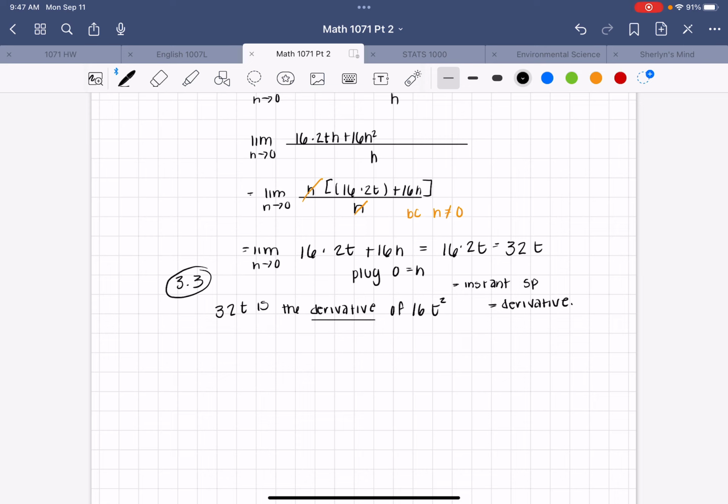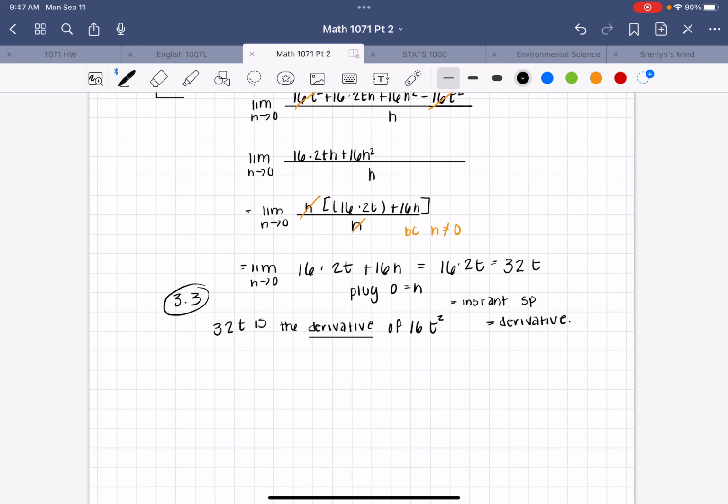I just wanted to point out, from going here to here, I did it correctly, I hope, but there is a very common mistake when students go from here to here. There is an important algebra point here.